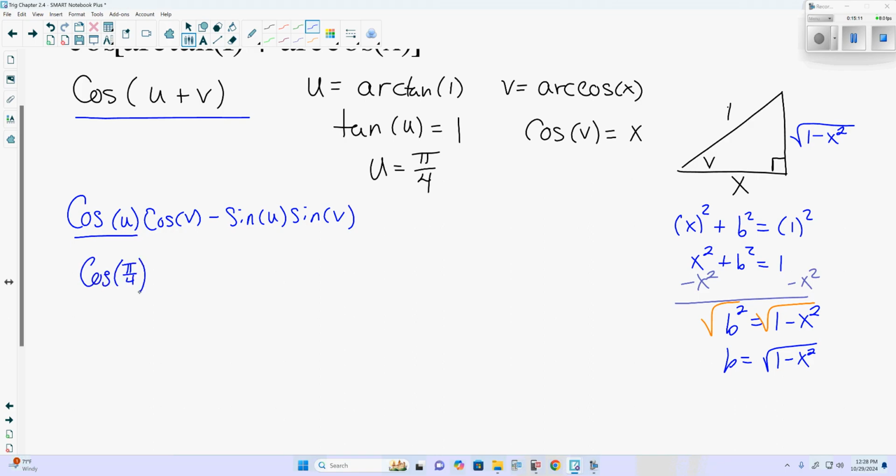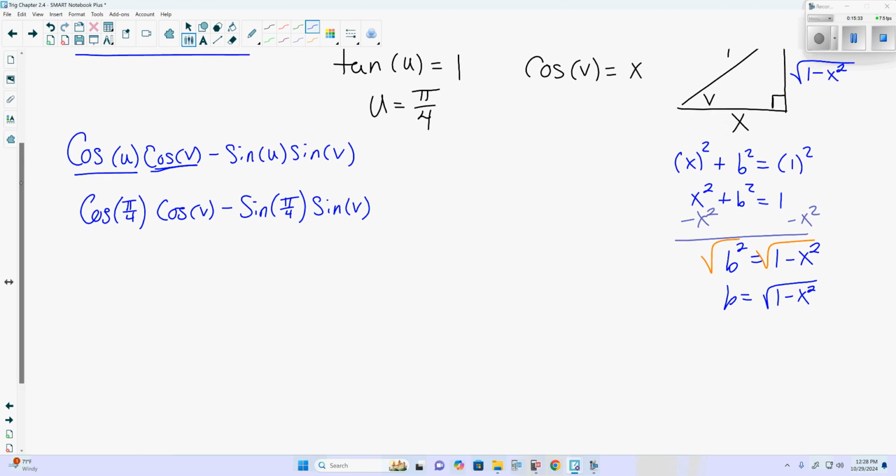Angle u is pi over 4. But we still don't have a specific angle for v, so we're still just going to call it cosine of v. Sine of u, we know what u is. Pi over 4. Because for our cosine of v and sine of v, we're going to have to be using that triangle.